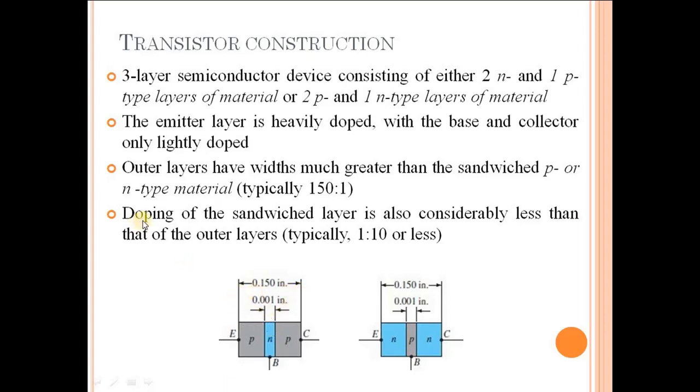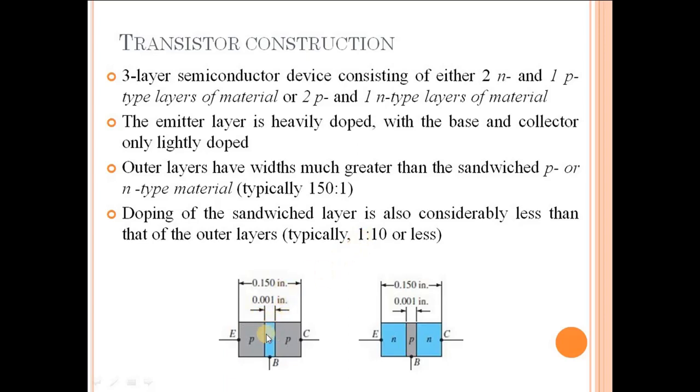Now talking about the doping, as I said, the doping concentration in the base layer is also the least. And how much less? It is 1:10. If the total doping made in a typical BJT is 10, then the doping in the base layer is only one part of it.